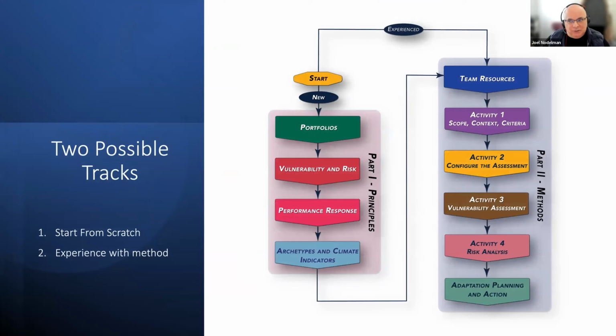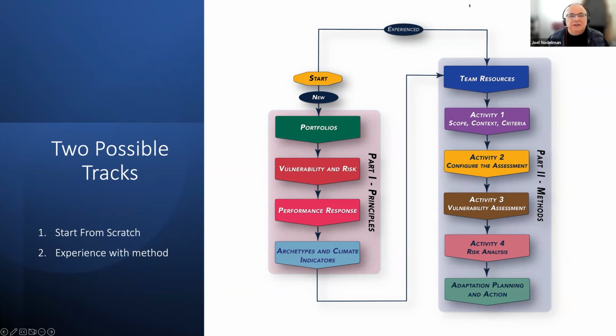And there are two key tracks that you can follow as a practitioner. You can start from scratch, which would then take you down this path here. And that takes you through, much like the PIEVC protocol did, a bunch of principles. What's a portfolio, what's vulnerability, what's risk, what are those key sorts of definitional things that we need to understand to effectively execute the procedure.